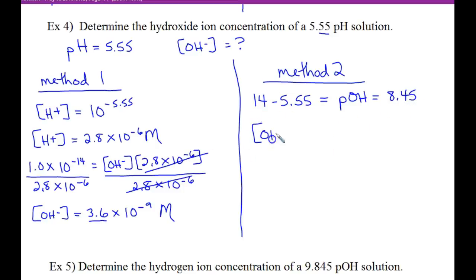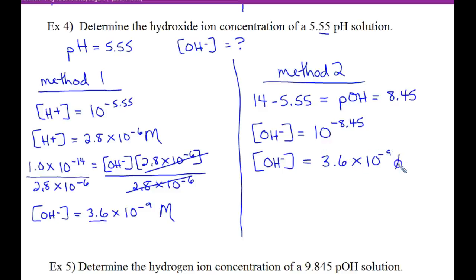And then we can say that the hydroxide ion concentration is equal to 10 to the negative 8.45. And if you plug that into your calculator, you will see that you still get 3.6 times 10 to the negative 9 molar. Either way is correct.